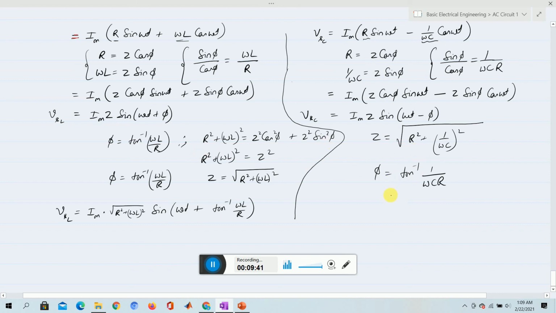We can get the value of Z and phi like this. So finally we can write VSC is equal to Im times root of R square plus 1 by omega C whole square, and we get the sine expression, and here minus tan inverse of 1 by omega CR. So we get the expressions of VSL and VSC here.